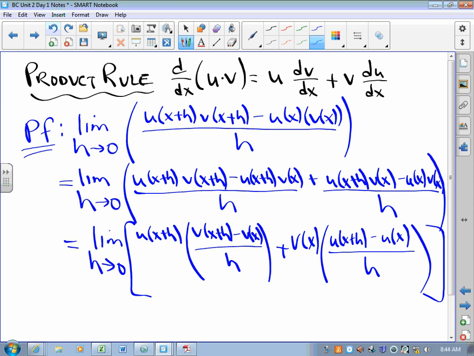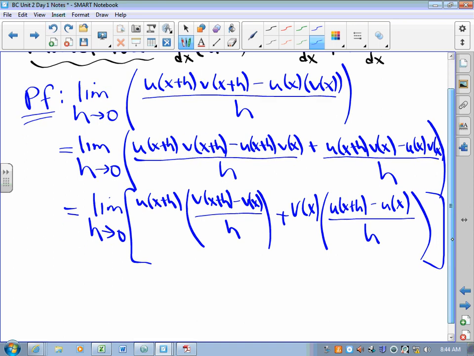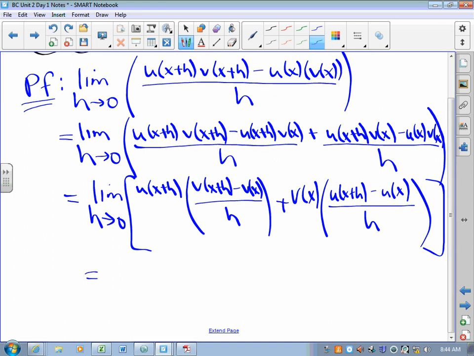So what do I know? I know as h approaches 0, this gets closer and closer to u of x. This, as h gets closer and closer to 0, that's the derivative of v.